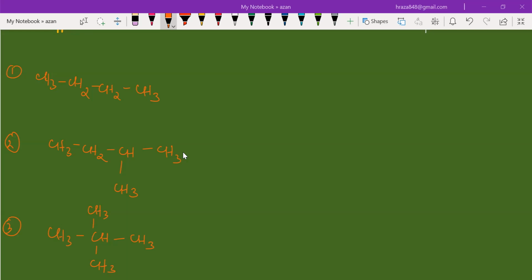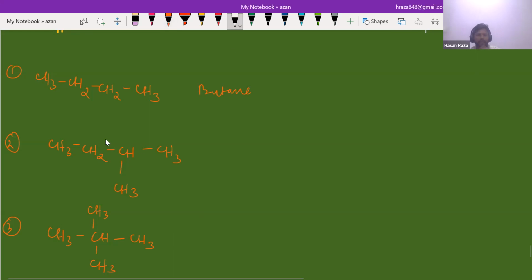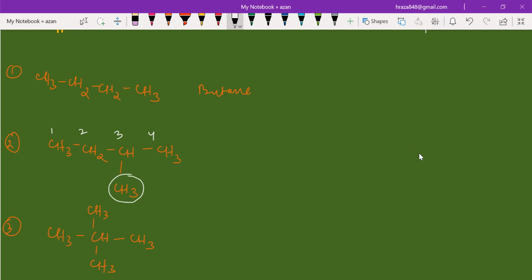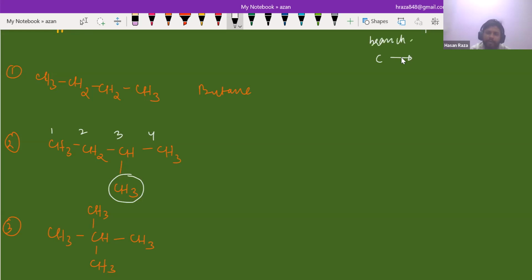Sir, butane, sir. Yeah, it is very good. See about this. You cannot count in ones. Like if you count 1, 2, 3, 4, there will be one carbon that will be left. That means it is a branch. Are you getting my point? Yes, sir. Whenever this one carbon is treated as a branch or substituent, as you know, this is your substituent.